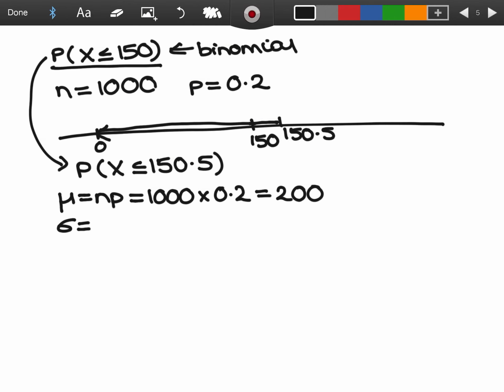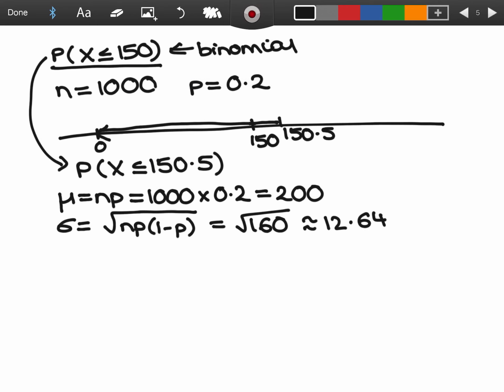And my standard deviation is going to be the square root of n times p times 1 minus p. If you plug in n is 1,000 and p is 0.2, this comes out to the square root of 160, which is approximately 12.6491. So we have a mean and we have a standard deviation.